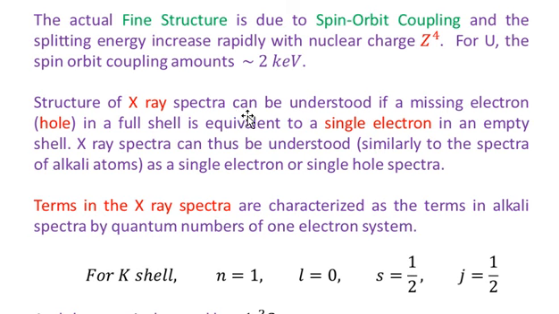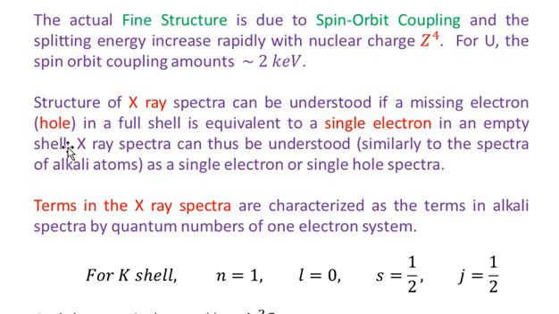The structure of X-ray spectra can be understood if a missing electron or a hole in a full shell is equivalent to a single electron in an empty shell. That is, in the production of X-rays, we remove an inner electron, for example, an electron from the K shell or an electron from the L shell.